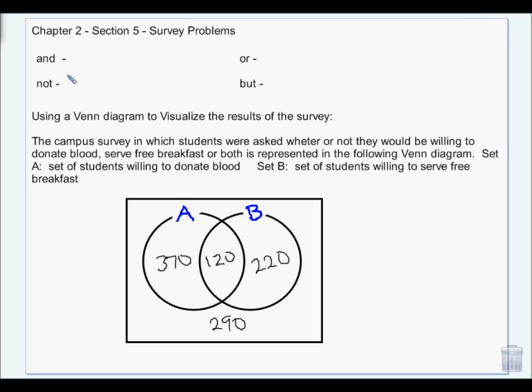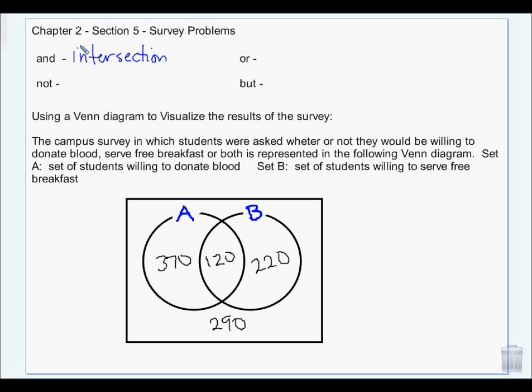Okay, when we talk about these words that you'll see, like "or" right here, "serve free breakfast or both," or they'll throw an "and" in there or a "but." "And" is an intersection, and it makes sense. It's this and it's that, so it has to be both, right?